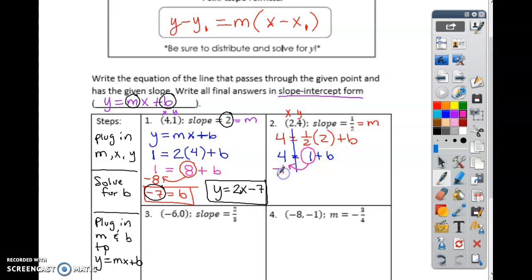So 4 minus 1 is how much? 3. My b is 3. My m is 1/2. So let's plug it into my equation. My equation's y equals m, which is 1/2, x plus b, which is 3.